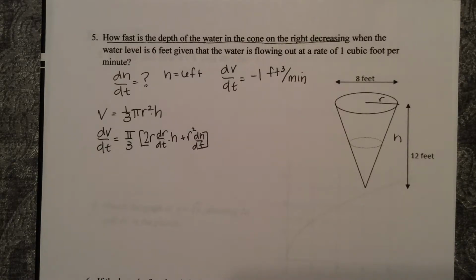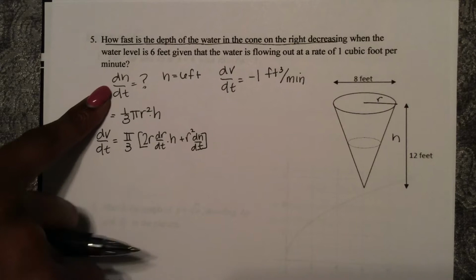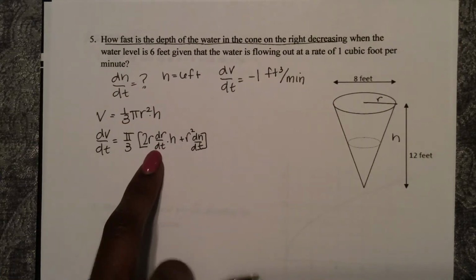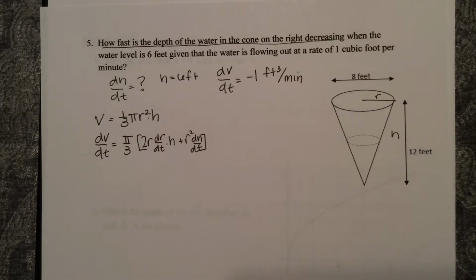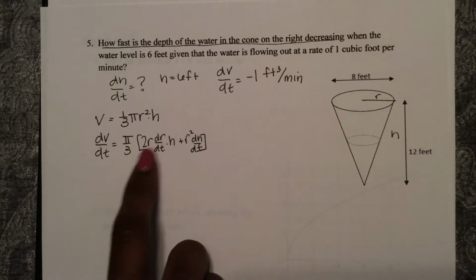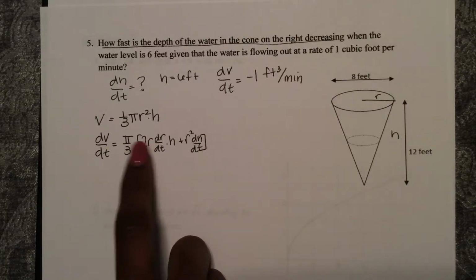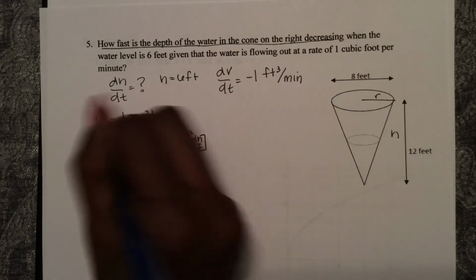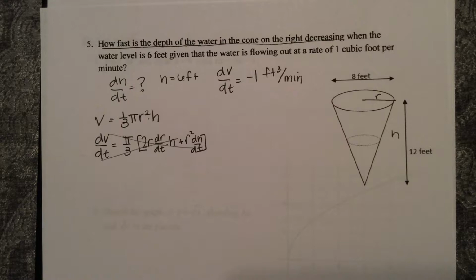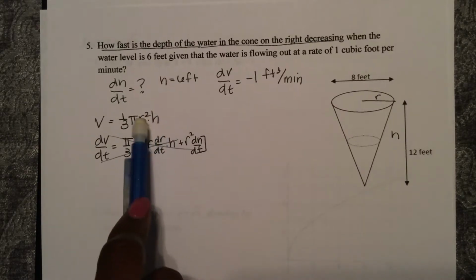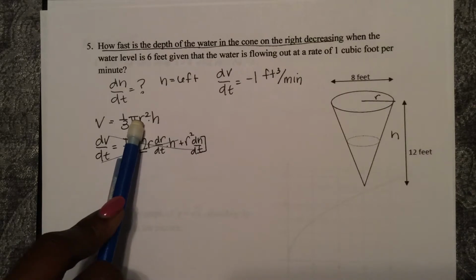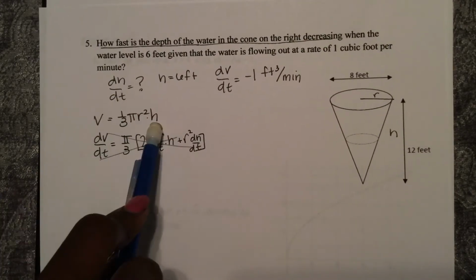I know my overall goal is to find dH/dt, but I'm stuck right here because I don't know these variables. So what if I revisited the problem from the very beginning and tried to figure out how I could write this equation only in terms of one variable, h?